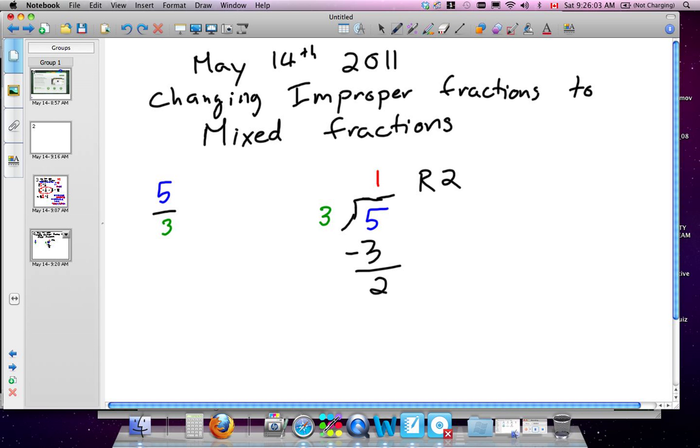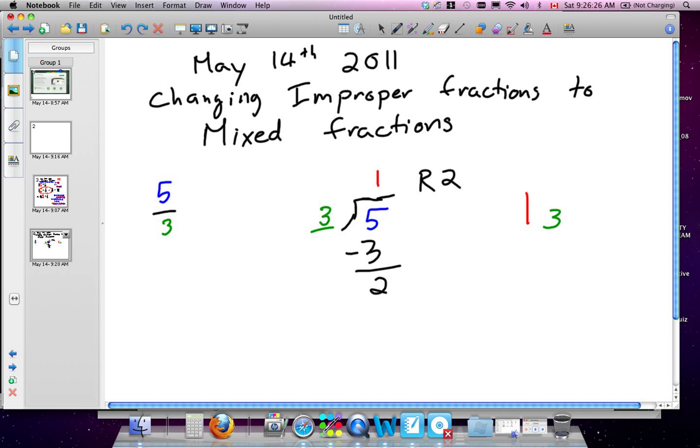When we go to put together the fraction, the red one is going to be our mixed number, so we put our red one here. Our denominator is still our 3.